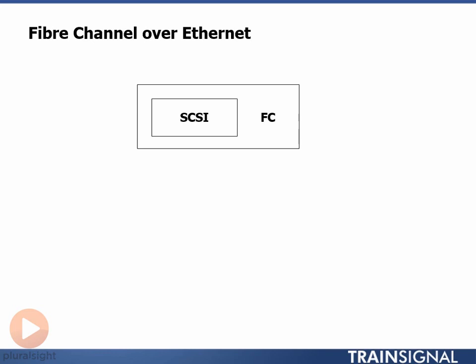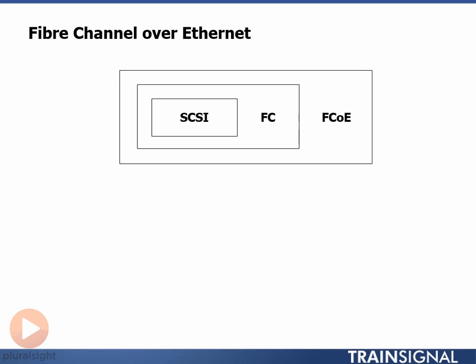This encapsulation within a Fibre Channel frame still happens in a converged networking scenario, only there's an additional layer of encapsulation that occurs. The Fibre Channel frame is further encapsulated within an Ethernet frame, or an FCOE frame. And importantly, this process of FCOE encapsulation leaves the Fibre Channel frame intact.